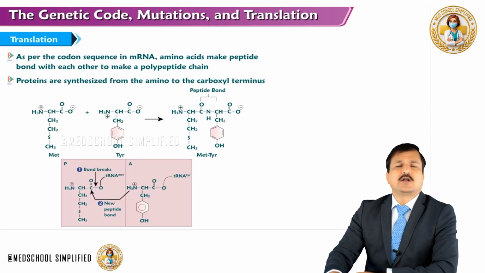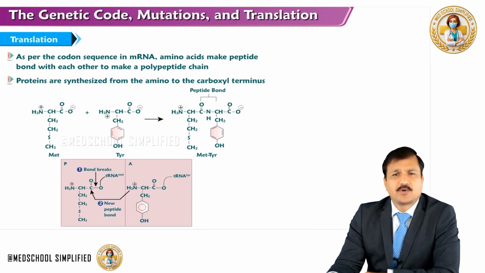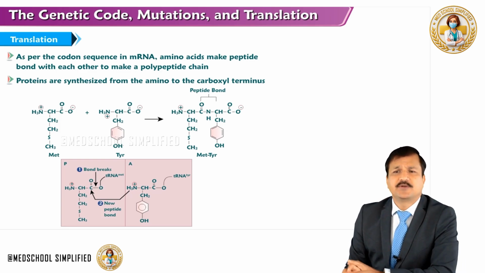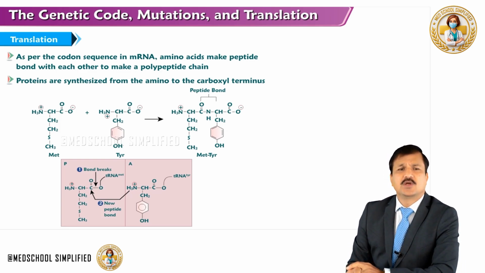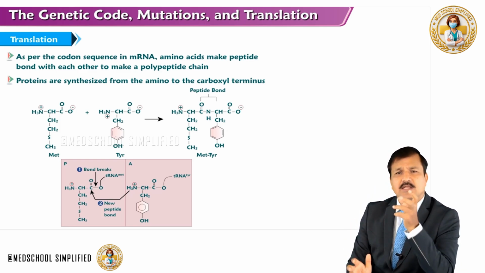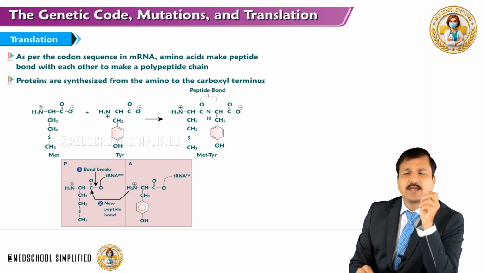Now let's look at the translation process, or protein synthesis. Protein synthesis occurs by peptide bond formation between successive amino acids whose order is specified by a gene, and thus by an mRNA.